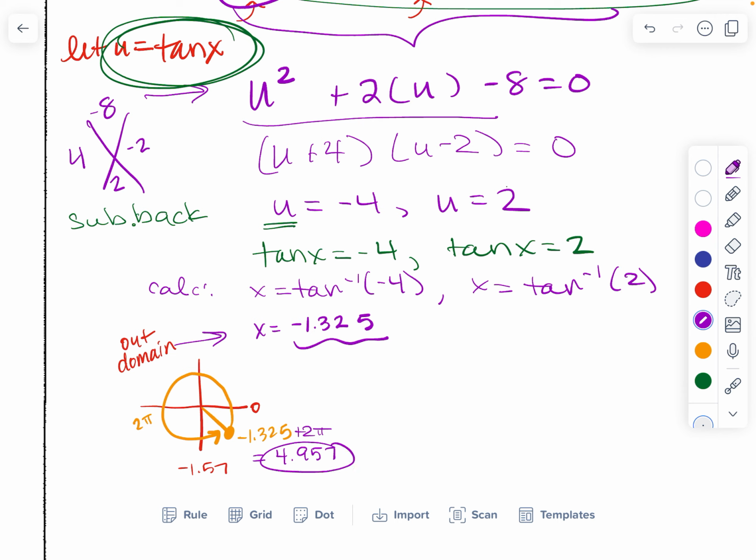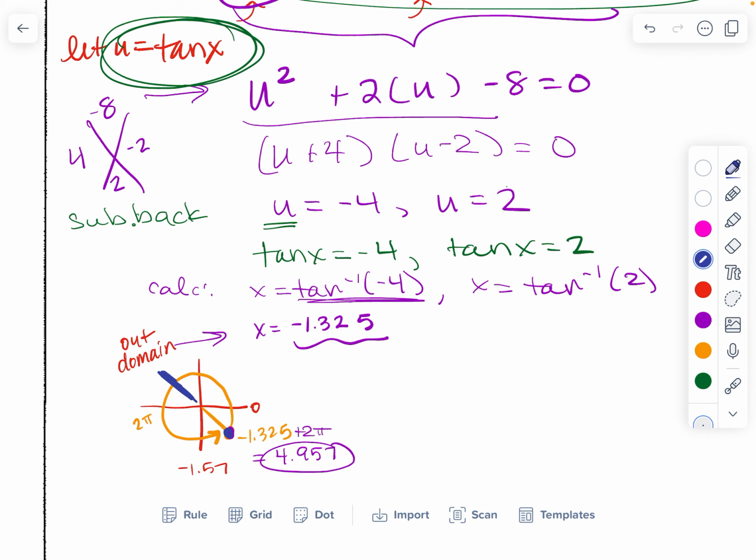Okay, so I know, hey, tangent will equal -4 here at this point. I also know that because we're talking about a full positive circle, tangent's also negative in the second quadrant, okay?